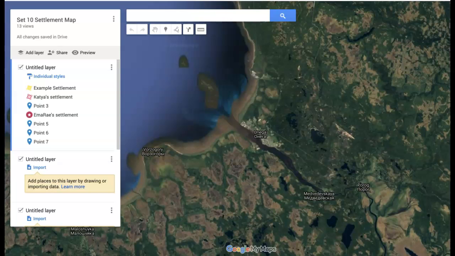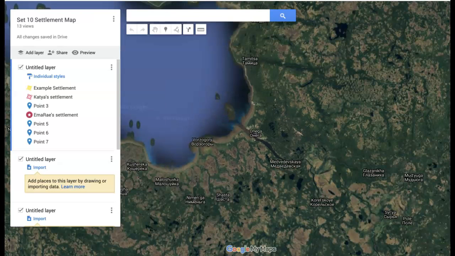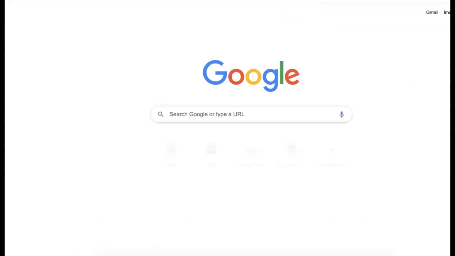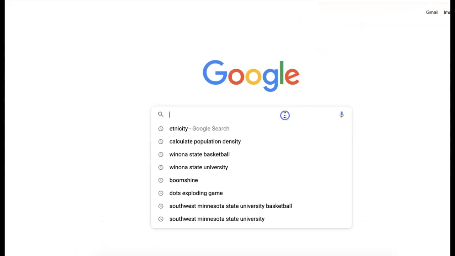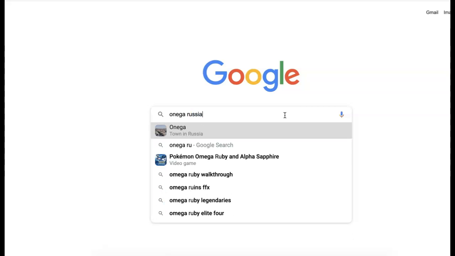So let's start this way. I'll try this Onega and see what I can find. So remember, what you're doing is you're going to first find the population of that settlement. Okay, I can find the population of that, so I'm just going to Google this Onega in Russia.